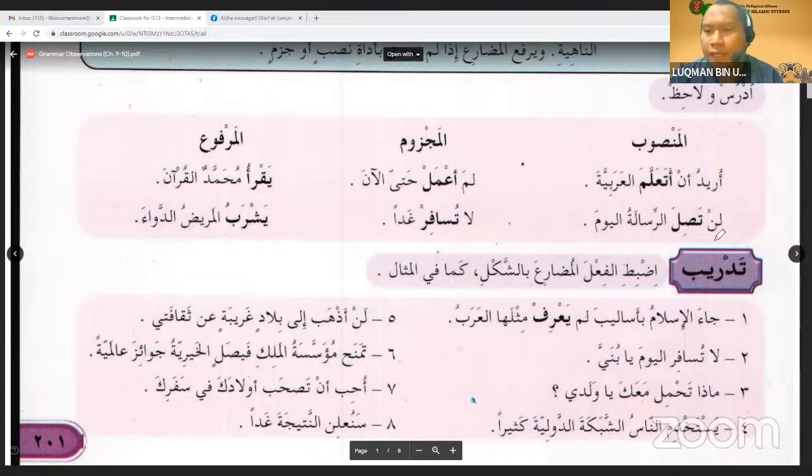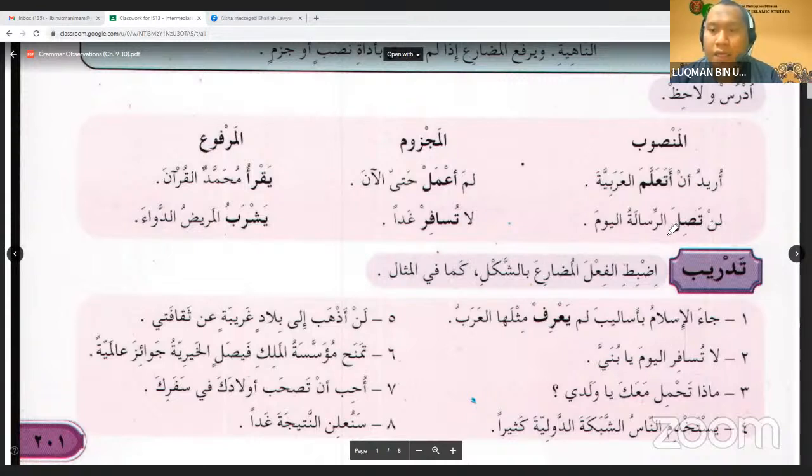Another example. لن تصل الرسالة اليوم. لن means never. Never will the message or letter arrive today. So the letter will never arrive today.